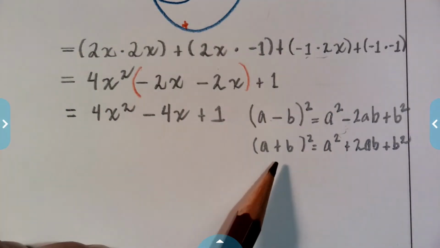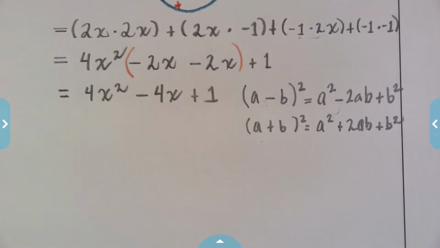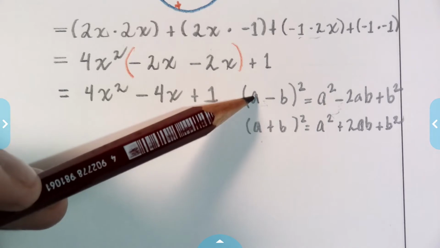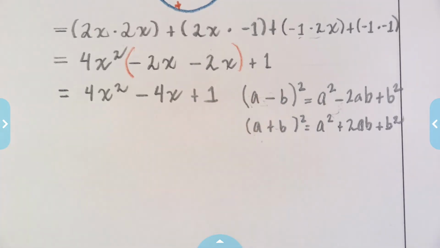And this only works when you're expanding a binomial squared, okay? Not when you're multiplying two different binomials together. It doesn't work like that at all. There's a really cool feature that comes about when you have this binomial multiplied by this binomial. But we'll get to that later.